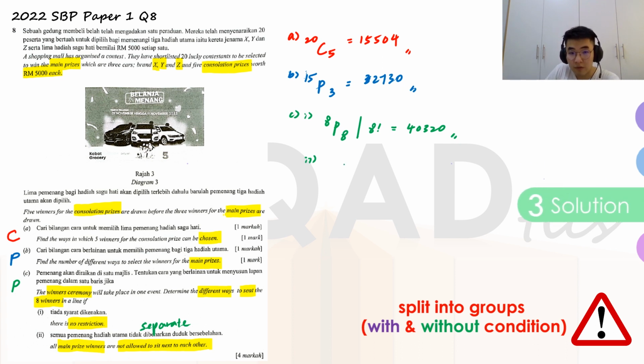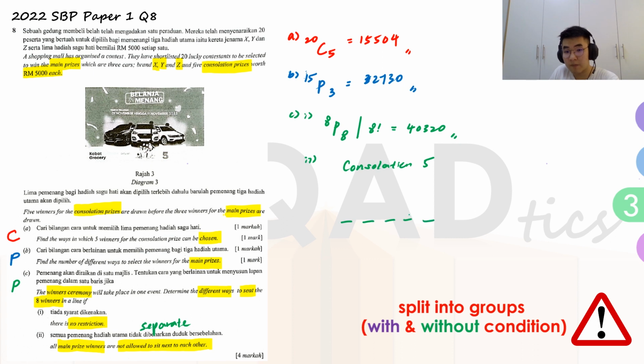Those without condition are the consolation winners, the 5 of them. Let's arrange these 5 first. Since they can exchange places, we arrange all of them, so it will be 5P5, or if you want, you can write 5 factorial.